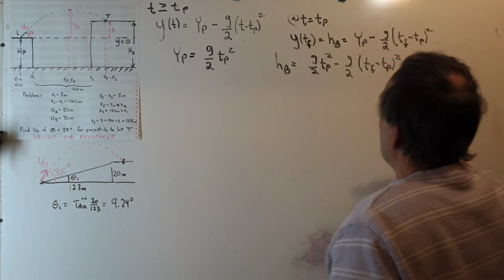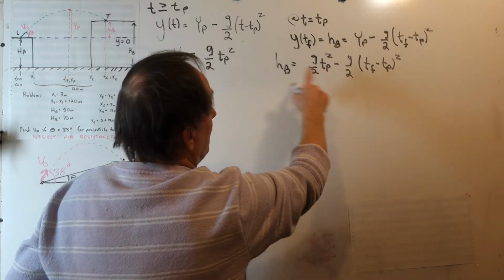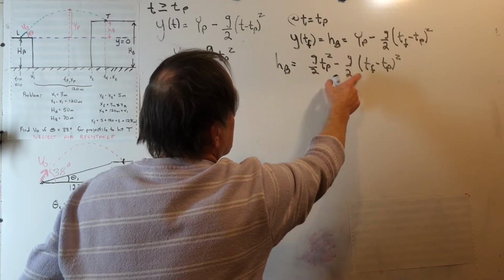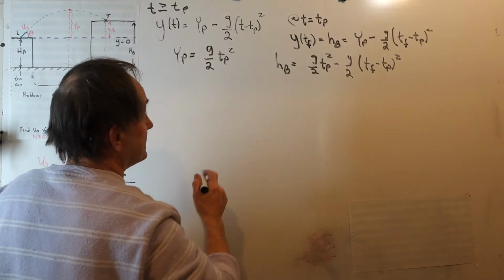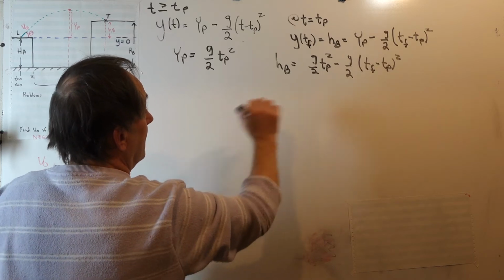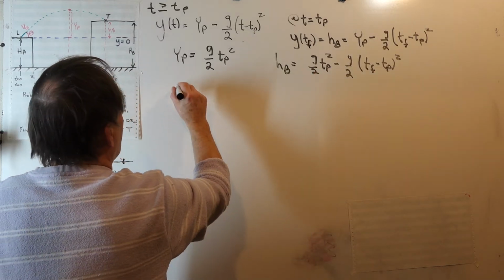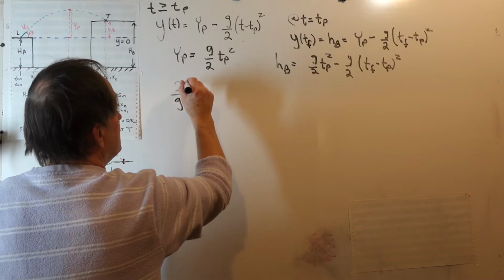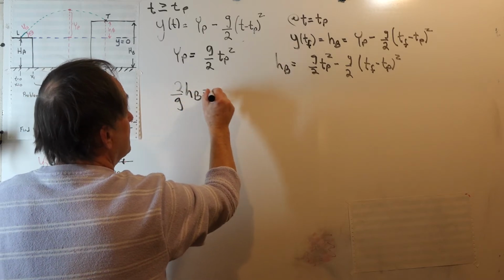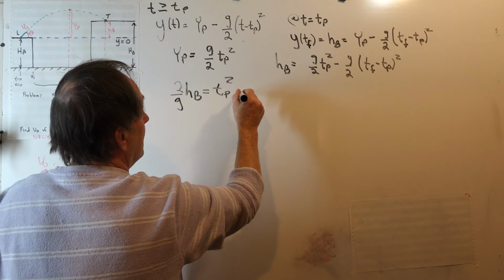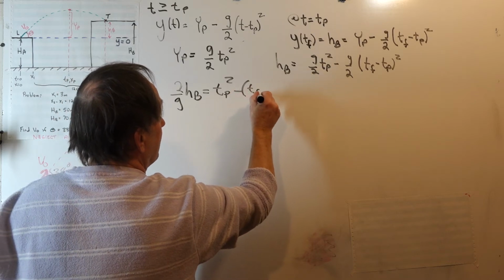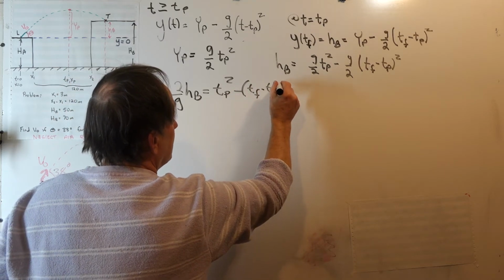Now to simplify this, I'm going to multiply through by 2 over g, since we have that same constant factor on both terms here. So 2 over g times h of b is equal to t peak squared minus the quantity t final minus t peak squared.